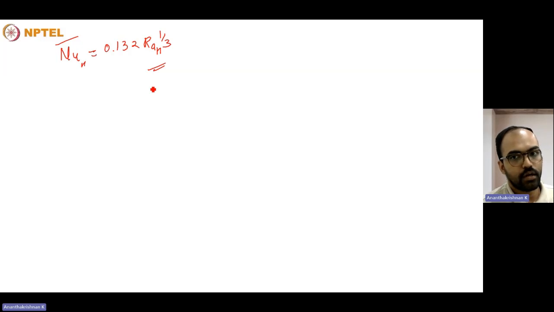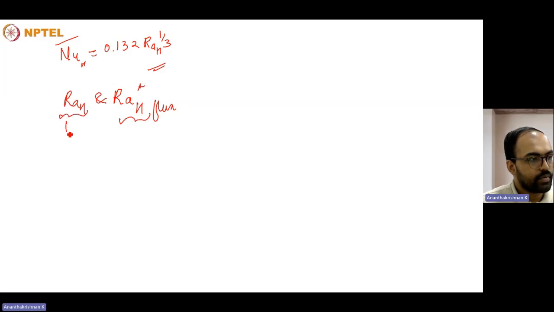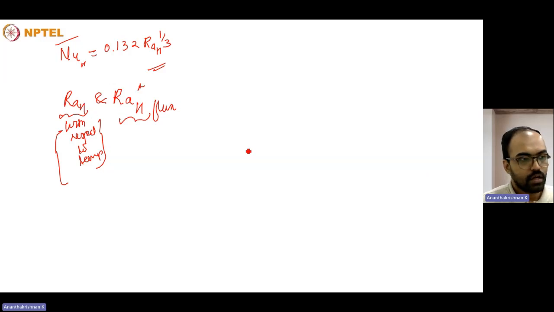There is an equation that relates the Rayleigh number with respect to flux and the Rayleigh number with respect to temperature, and the relationship is the Nusselt number.